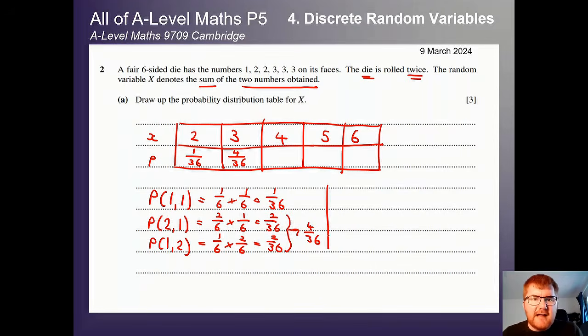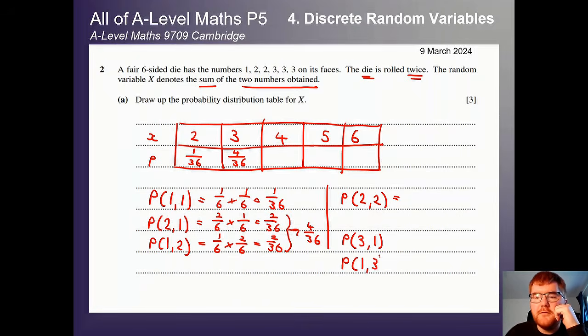Next one, so let's look at 4. We can get 2 and 2 first of all. And then we've got the probability of 3 and 1 and 1 and 3. We can do this any way around that we like. So let's do 3 and 1. So we've got 3 out of 6 times 1 out of 6. That gives us 3 out of 36.